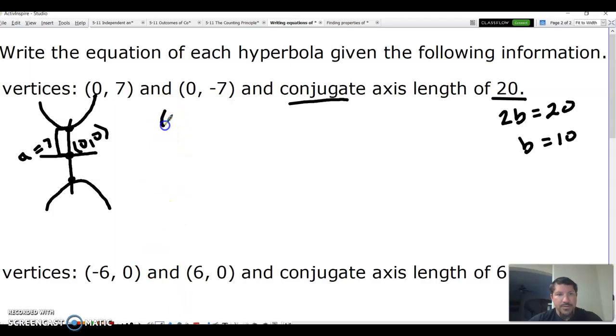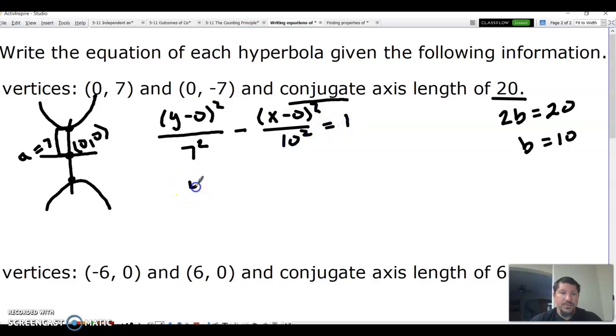So it's going to be y minus 0 squared over 7 squared minus x minus 0 squared over 10 squared equals 1, or y squared over 49 minus x squared over 100 equals 1.